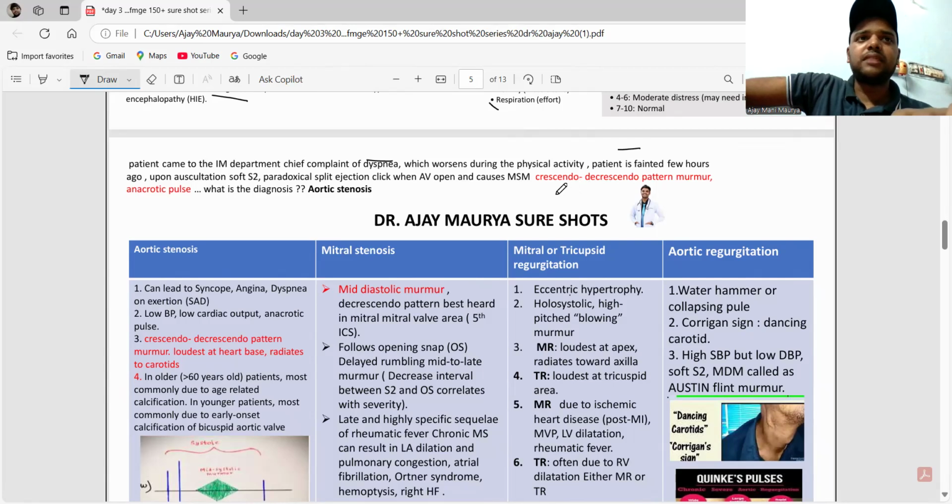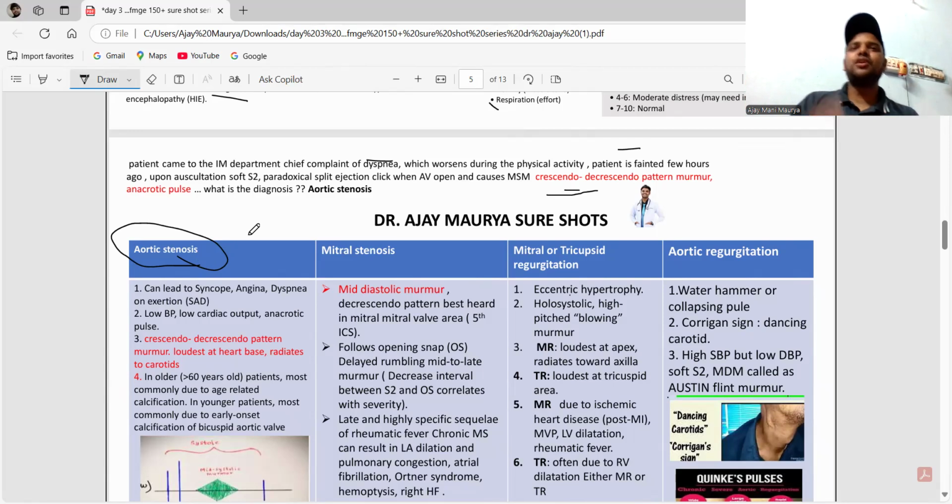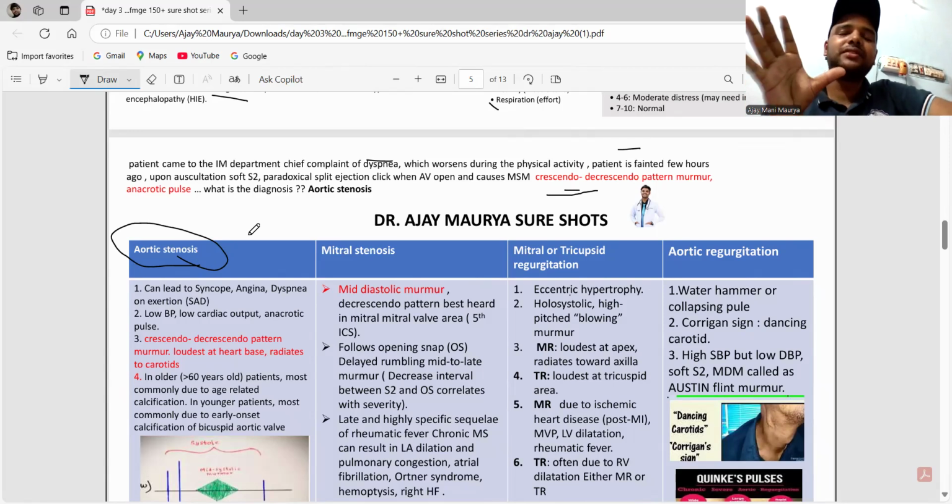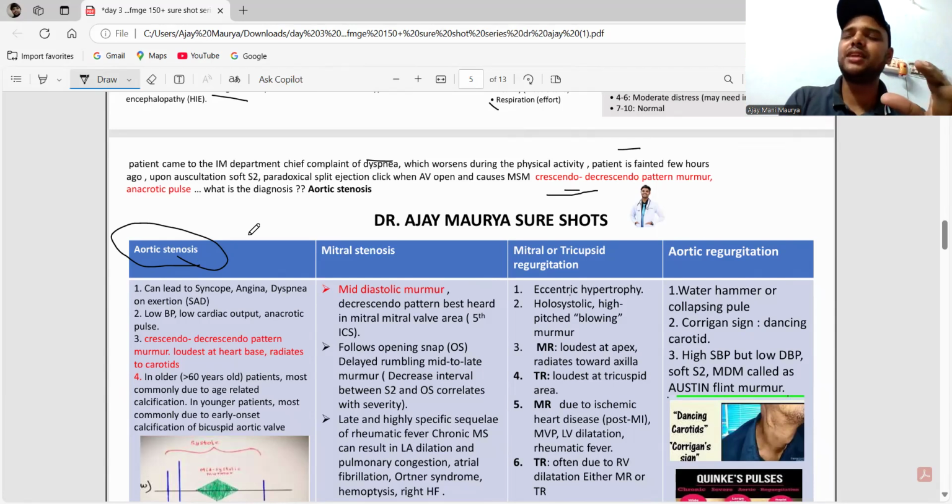This is the crescendo-decrescendo pattern murmur. That's it. If they mention a crescendo-decrescendo murmur in the question, just mark it as aortic stenosis. This is how you mark the answer within 1 second.